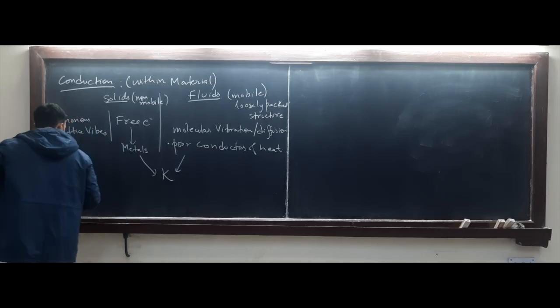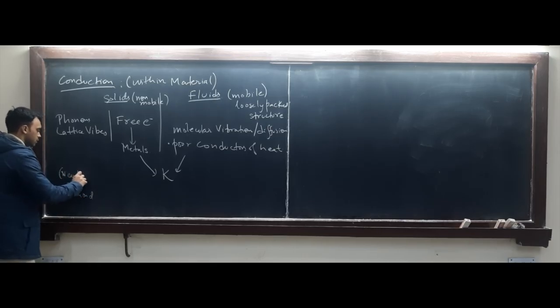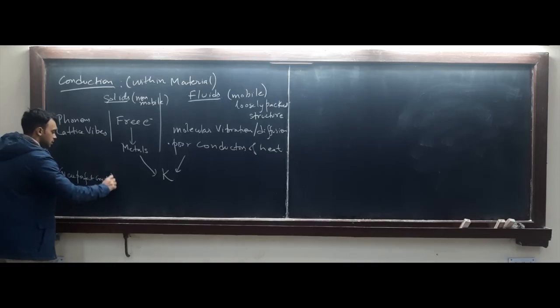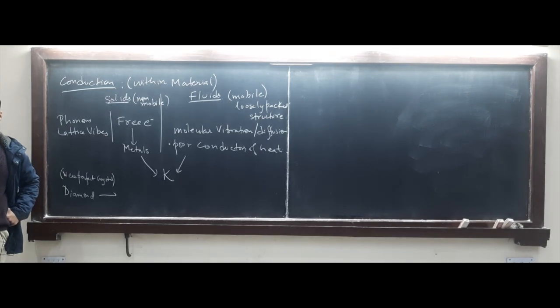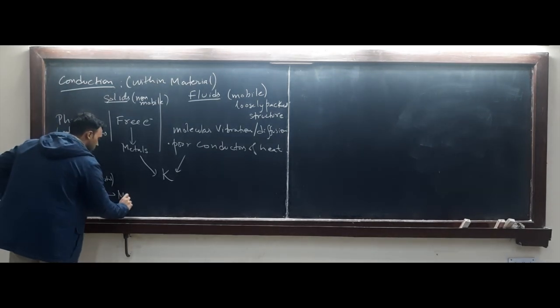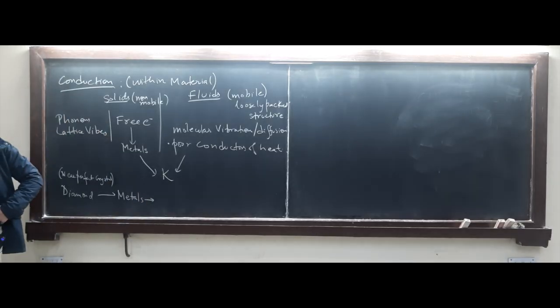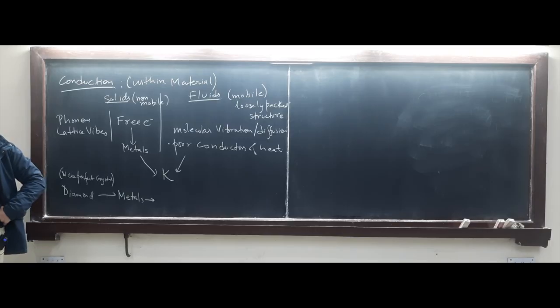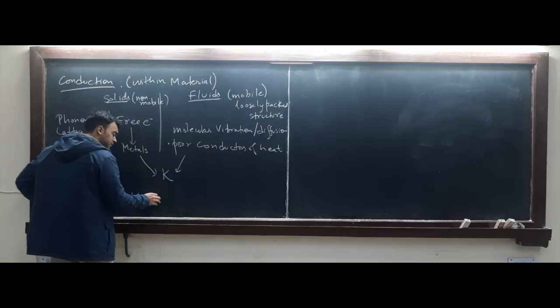So what is the order? What should I write? So first diamond, for near perfect crystal. What comes after this? Metals. Broadly, can I call it metals? There may be some exceptions. Then what? Glass. Ceramics. Is there a category of ceramics?